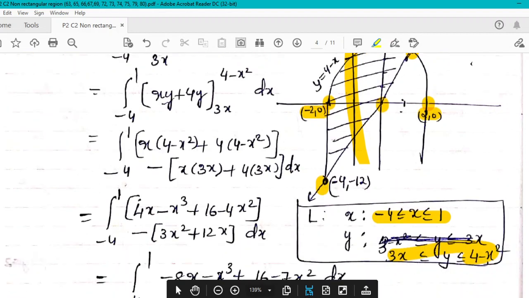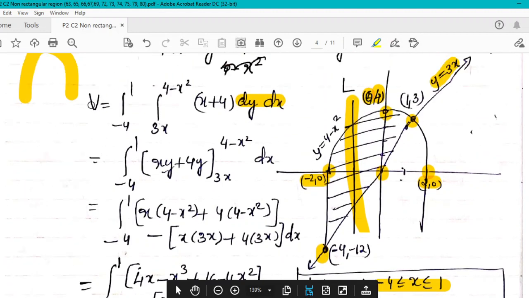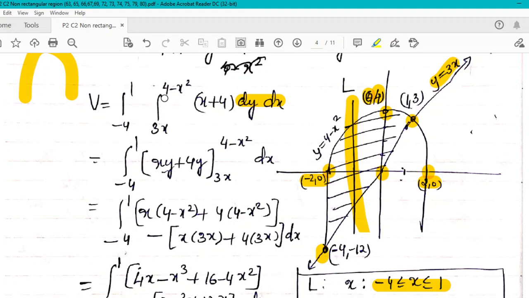You'll be substituting it and integrating it. Okay. So we get v is equal to integral -4 to 1 integral 3x to 4 minus x square x plus 4, that is our function f of xy dy dx. So now we are going to first integrate with respect to y.